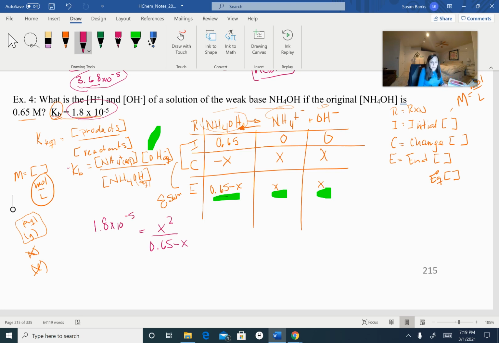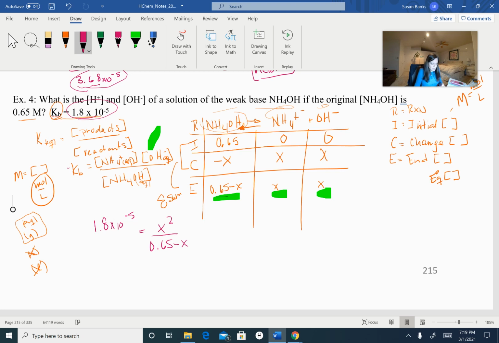Okay? And from here on out, it really is just an algebra problem. And you're going, oh my gosh, if I have to take 1.8 times 10 to the negative 5 multiplied by the quantity 0.65 minus x and then equal to x squared, I'm going to have to use the quadratic equation.